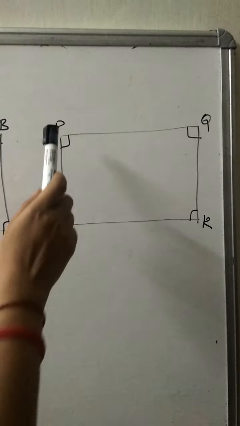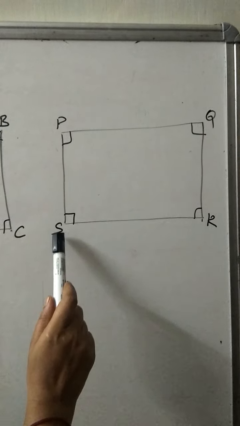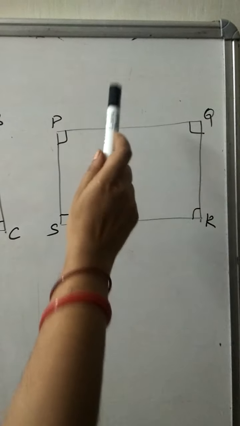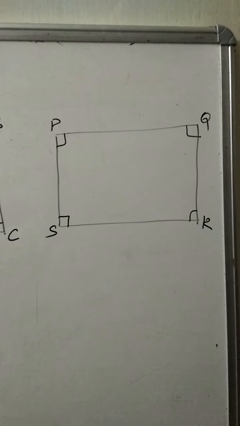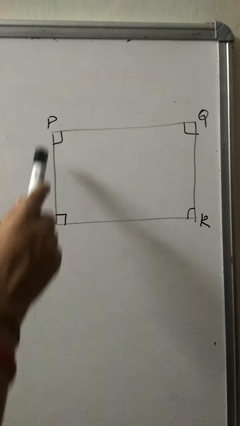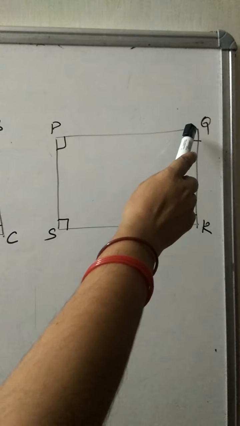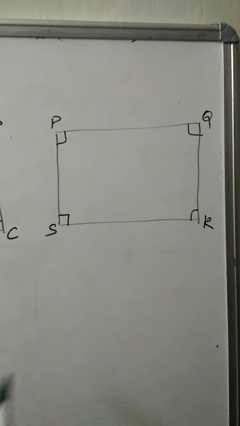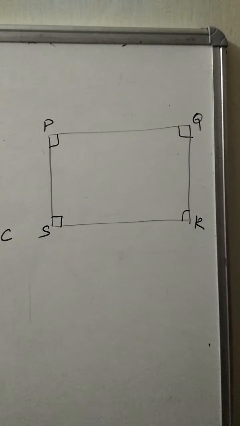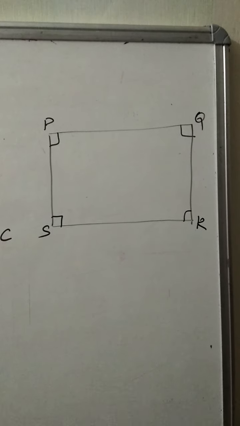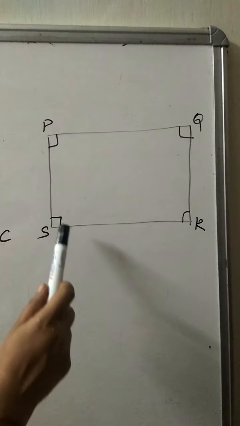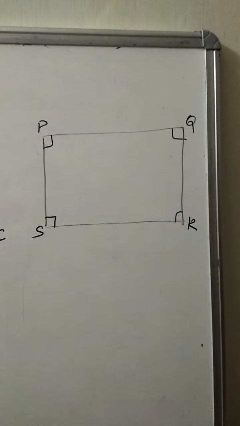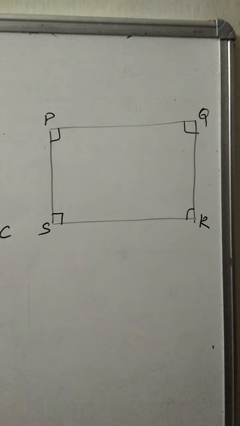That means PQ is equal to SR. If the length of PQ is 5 centimeters, then SR will be 5 centimeters. Similarly, PS is equal to QR, so the measure of PS will be equal to the measure of QR. This is the property of a rectangle, and hence each of the four angles will be 90 degrees.